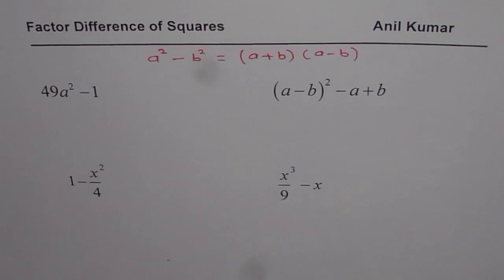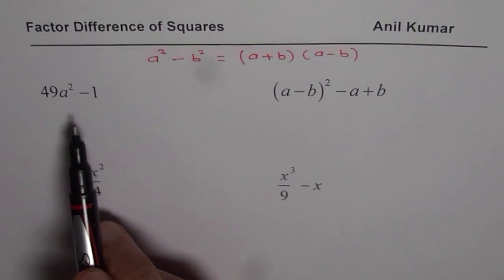So a square minus b square equals a plus b times a minus b. That is the formula we are going to use to factor these four expressions. You can pause the video, factor, and then look into my suggestions.